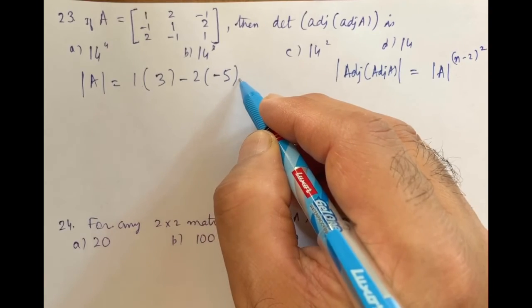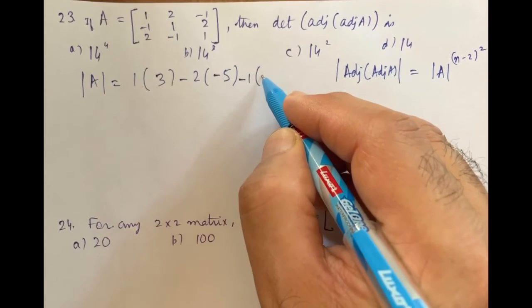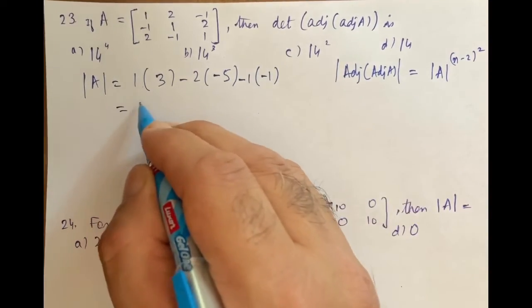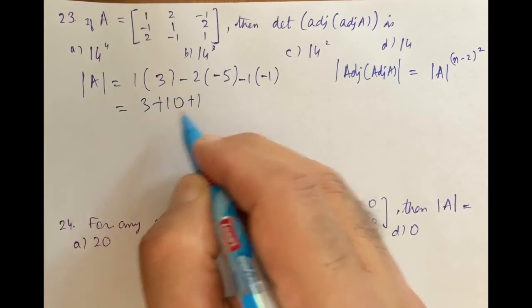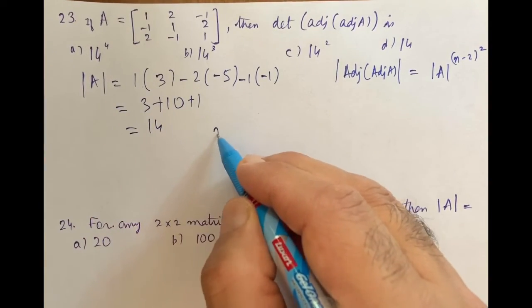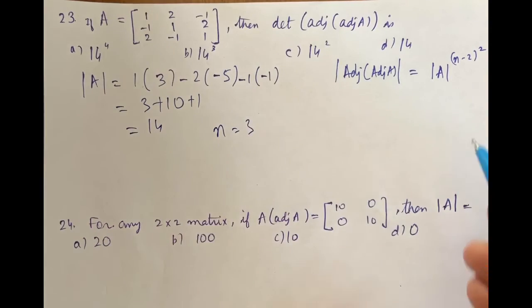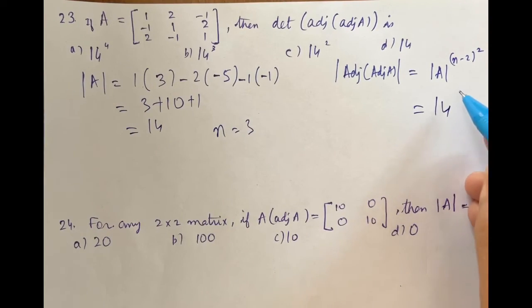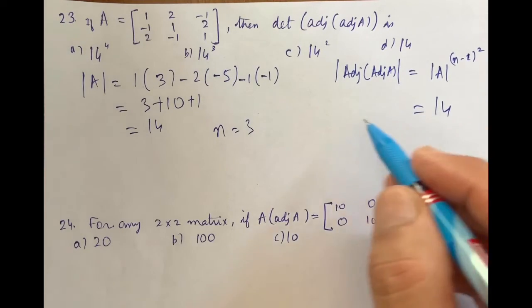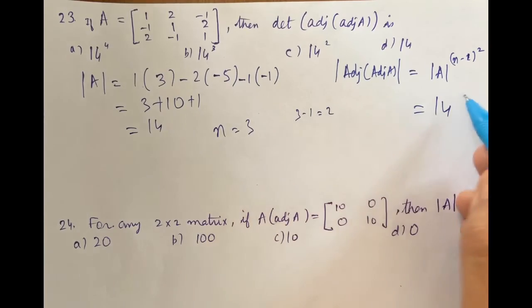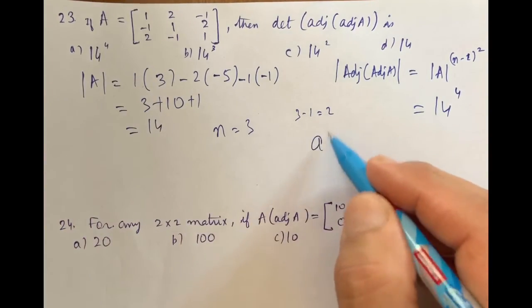This is minus 5 into (minus 1) plus 1 into (minus 2). This is 3 plus 10 plus 1. This is 14. And here n is 3. Order of matrix is 3. So this will be 14 raised to the power (3 minus 1) whole square. 3 minus 1 is 2. So this is 2 square, that is 4. 14 raised to the power 4. So A is the correct answer.